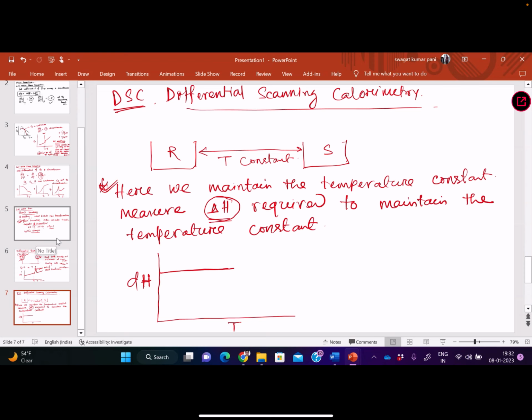When there is a transformation, at the start of transformation, we get a peak like this. Generally we consider this as an endothermic peak, and upside it is exo. So if we start heating a material, this will be the melting point. Melting will start here.